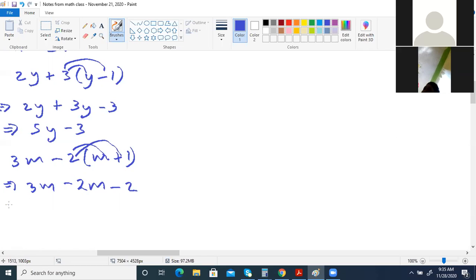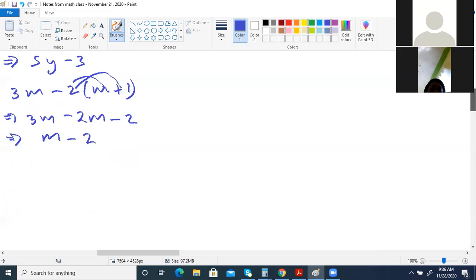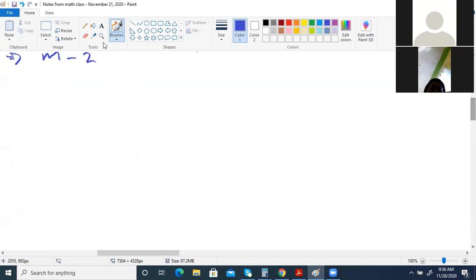So this becomes m minus 2. All right, so it's question 5 that's repeated, so we can skip that. Yes. Question 6. All right, so I do recall teaching question 6, but you should be able to just research it and figure it out. It's nothing too difficult.